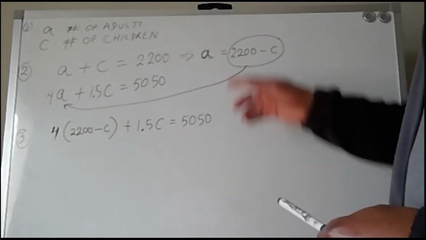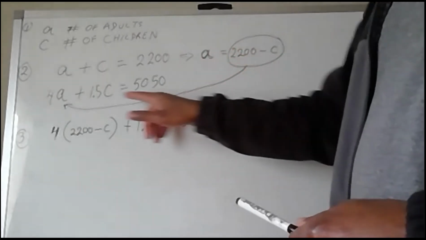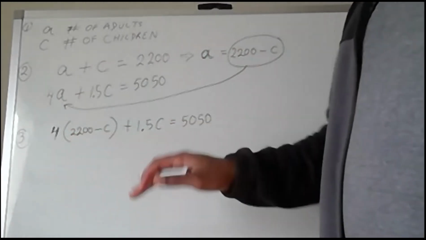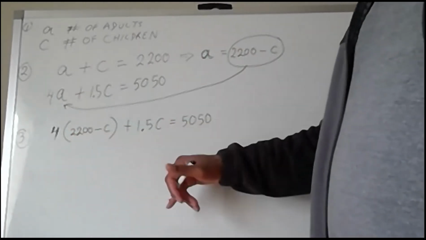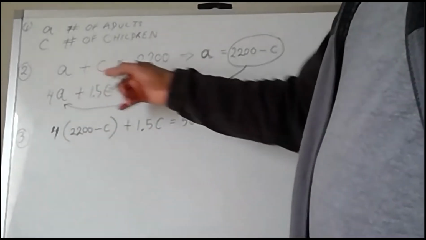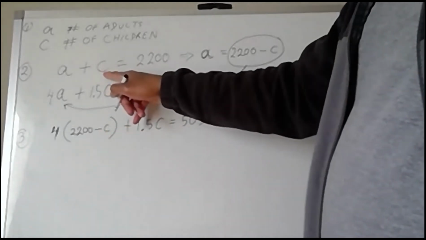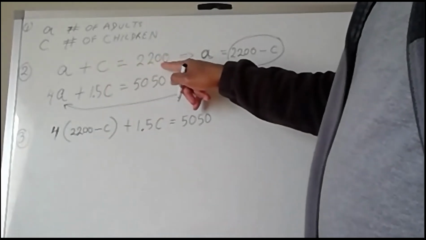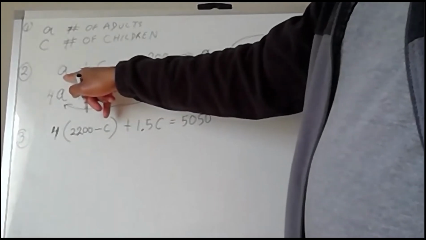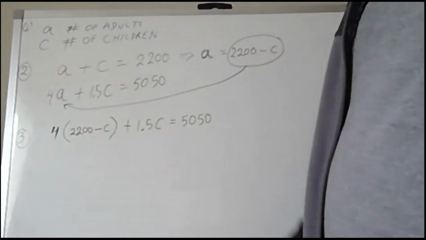So that's why we did this transformation with the first equation, so that we're able to plug it in for A and therefore have just C to solve for. When we solve for C and get a number for C, we can plug that in to solve for A. Or we can use simple math, because we already know the total number of people, so to get the number of adults, we just subtract the children from the total.